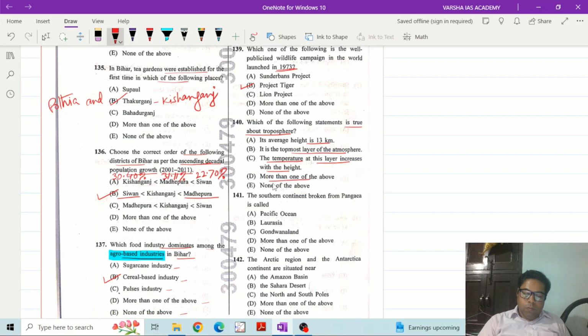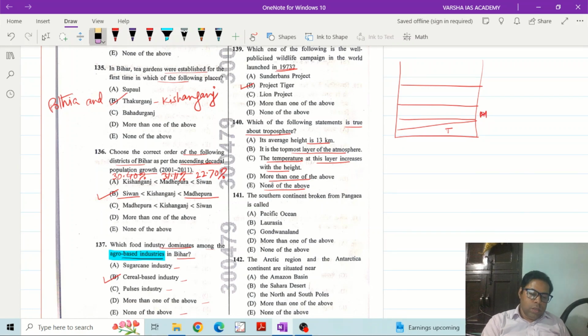More than one of the above, none of the above. So now see, it is not the topmost layer. If we divide the whole atmosphere into different layers, the first layer is the troposphere, then the tropopause, the mesosphere, and this is the stratosphere. I'll correct it.